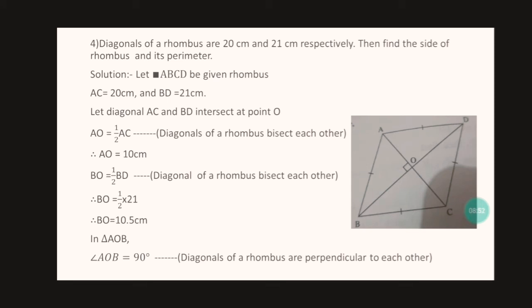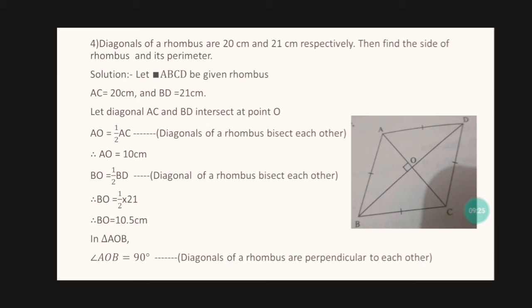Next problem. Diagonals of a rhombus are 20 centimeter and 21 centimeter. Then find the sides of the rhombus and its perimeter. Okay. Now we know that the diagonals of a rhombus bisect each other and are perpendicular bisectors of each other. So suppose a diagonal is given to us as 20. ABCD is the rhombus in which BD and AC are the diagonals.